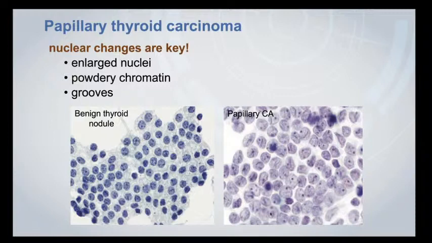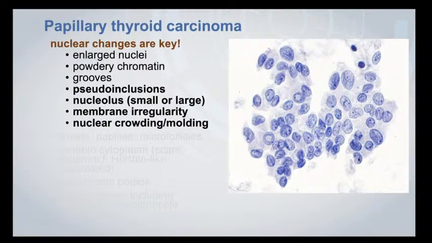Perhaps more importantly, as we all know, it's the chromatin texture change, which is so essential to the diagnosis of papillary thyroid carcinoma. Here, I think you can see very nicely that the chromatin is much more finely dispersed, much more powdery, much more pale in the papillary carcinoma than it is in the benign follicular nodule. You'll also notice that there is nuclear membrane irregularity. You do have some unusual shapes of the nuclei, and you have some pretty obvious nuclear grooves.